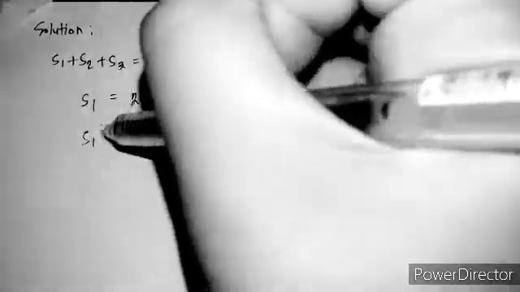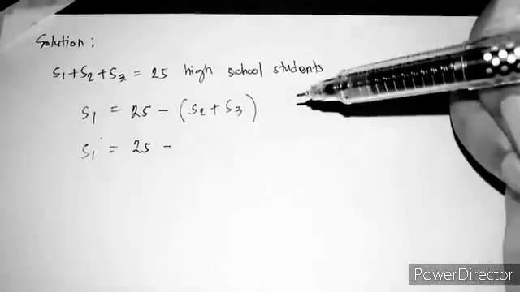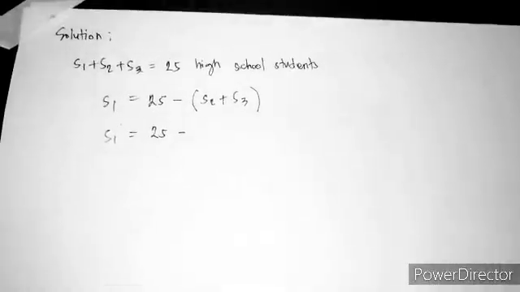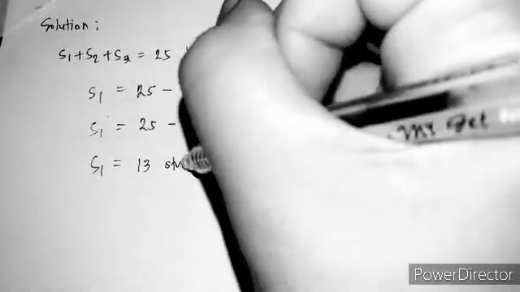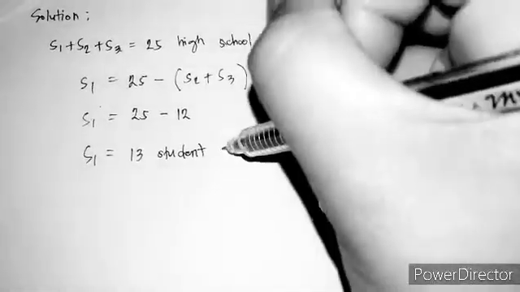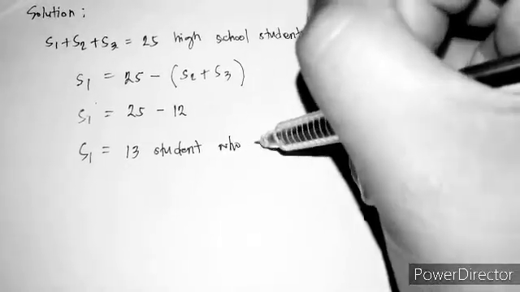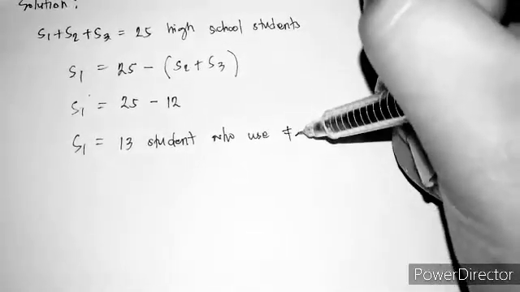So, S1 is equal to 25 minus S2 plus S3, which is 12 students. So, our S1 will be 25 minus 12, we have 13 students who use Facebook only.